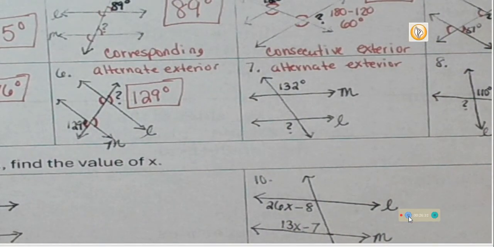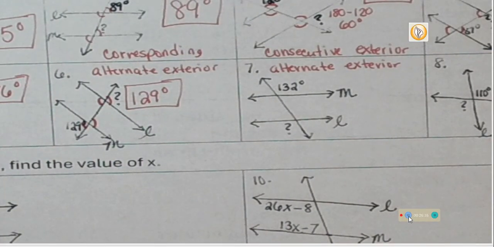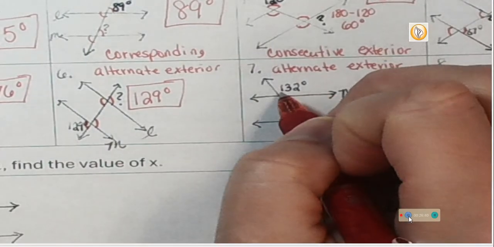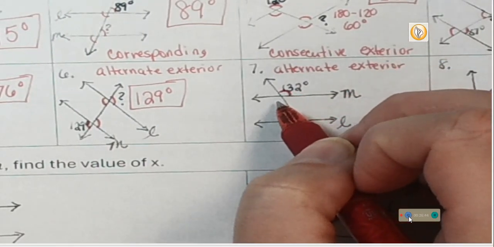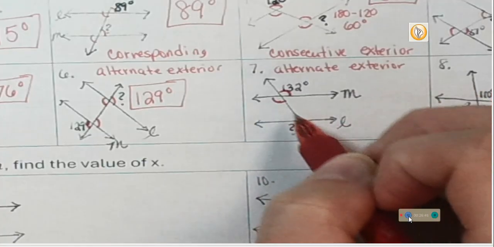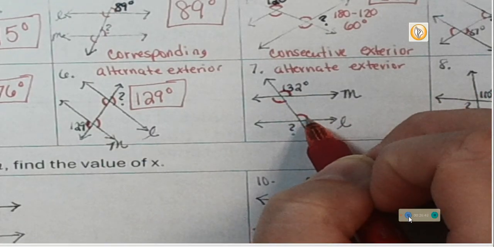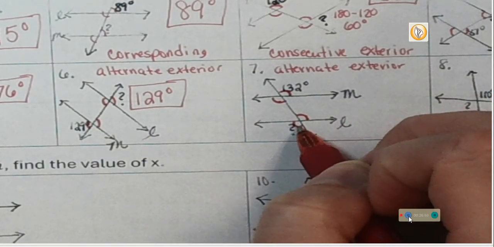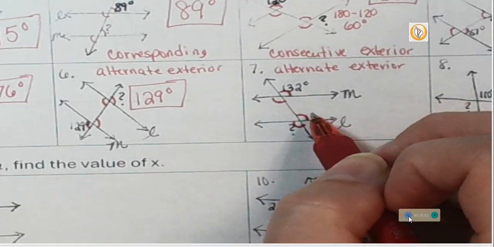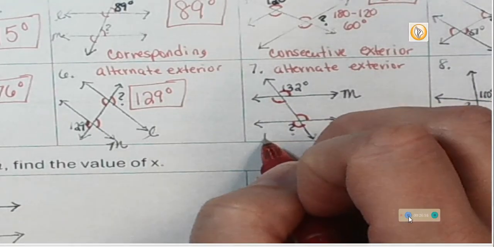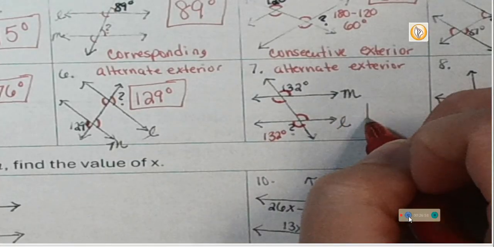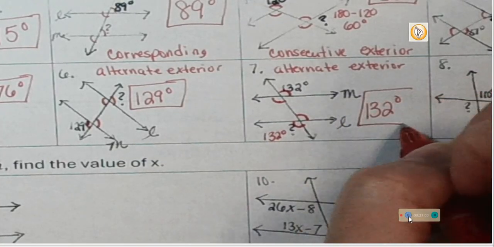I hope you know alternate exterior is congruent, but you know as well as I do, sometimes you just forget, especially if you're taking a quiz or a test. Okay, I'm going to start with the 132 I know. I'm going to zigzag to its vertical, zigzag to that corresponding, and then zigzag to this one's vertical. Everything I just marked is 132. So what is this angle with the question mark? 132 degrees.